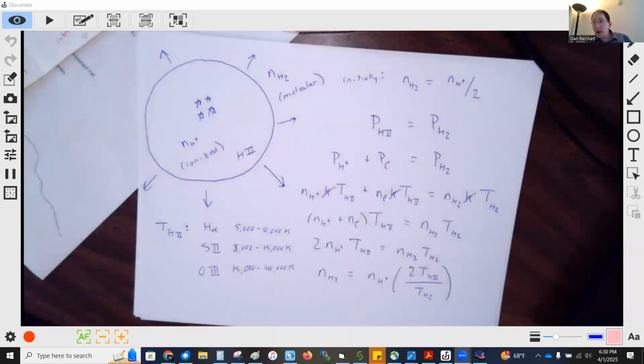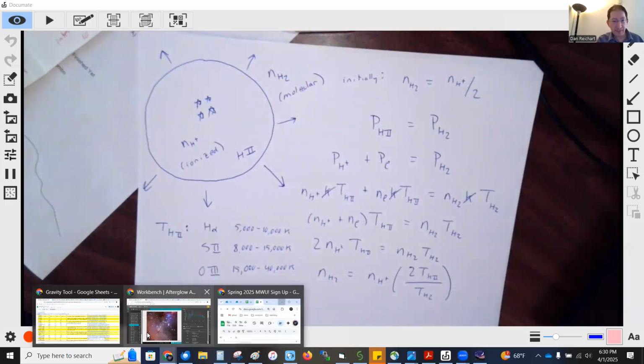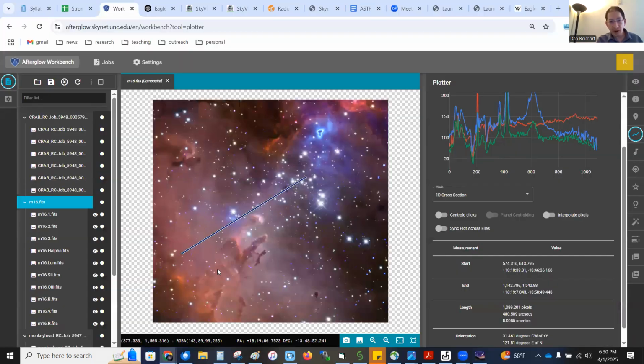So it's all about what you see in the outskirts near the boundary. I'll put my image up again, right around here. And in this particular image, and in most of your images, you see a lot of H alpha there. So something between 5 and 10,000, perhaps a little bit on the low side, is what you'll use for the interior temperature near the boundary.